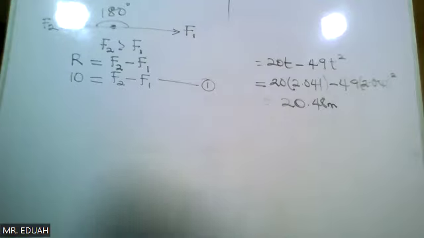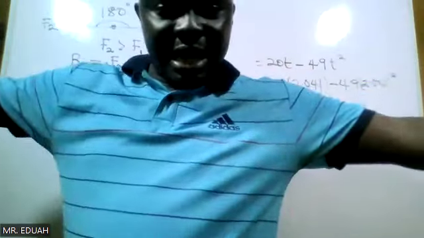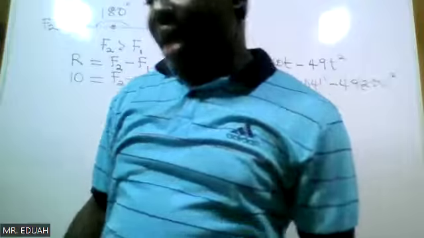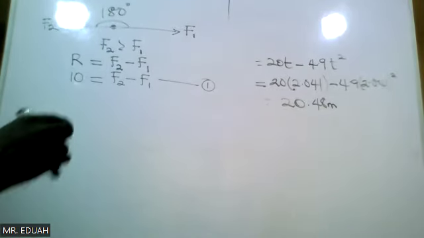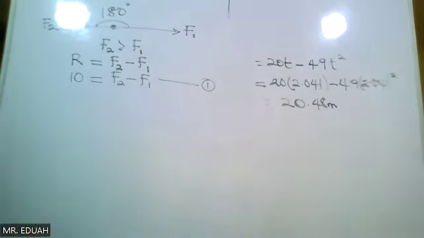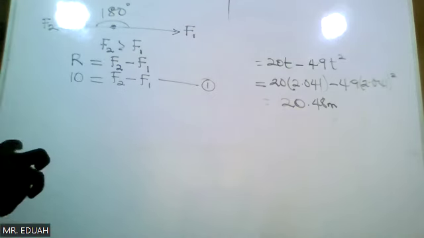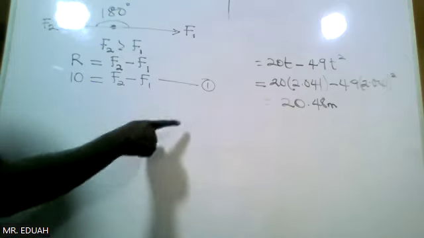We are told that when the two forces act in opposite directions, the resultant is always 10 Newton. And we learned that when two forces are acting oppositely, the angle between them is 180. So if you have two forces acting in this manner, then the resultant is always subtracting the least force or vector from the larger vector. So R will be equal to F2 minus F1.